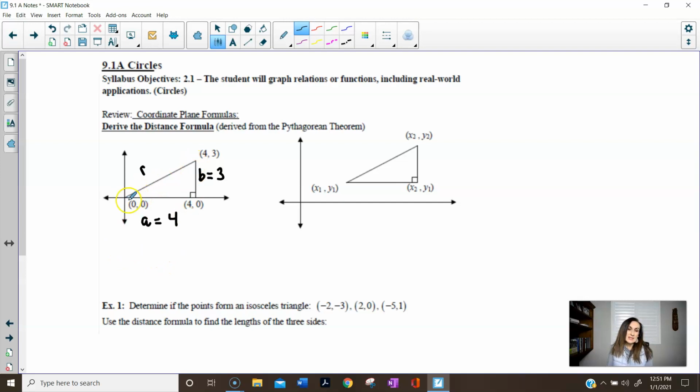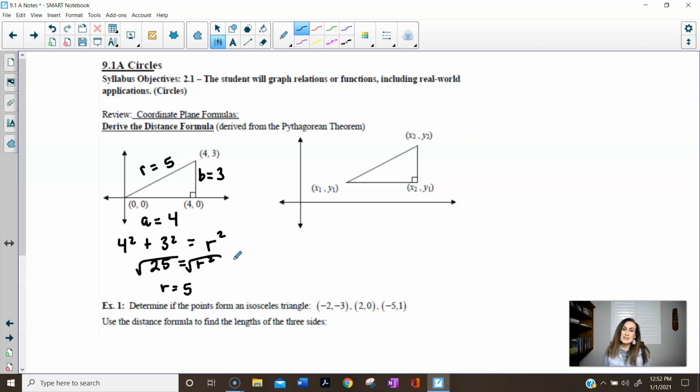Well, if we wanted the length of that right triangle, the hypotenuse, we would simply do a squared plus b squared is equal to c squared, or r squared. And so 16 plus 9 is 25, which equals r squared. And so when you square root both sides, r is equal to 5. And so the length here is 5. And of course, that's a special right triangle. It's a 3, 4, 5 that you're familiar with from geometry.